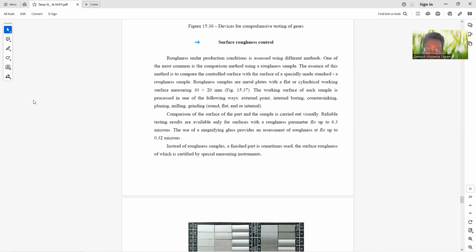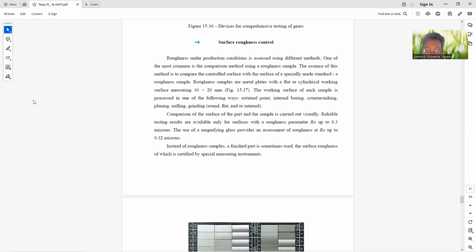One of the most common is the comparison method using a roughness sample. The essence of this method is to compare the controlled surface with the surface of a specially made standard, a roughness sample.